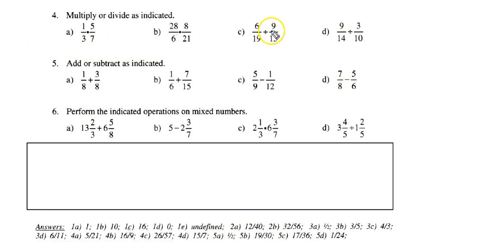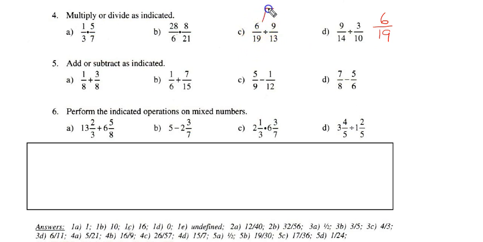Now, in this division, the rule for division is we always change a division of fractions to a multiplication of fractions. So this will be 6 over 19. This part stays the same.